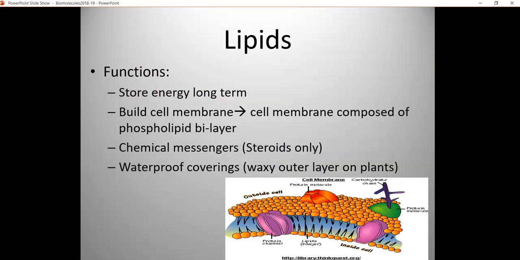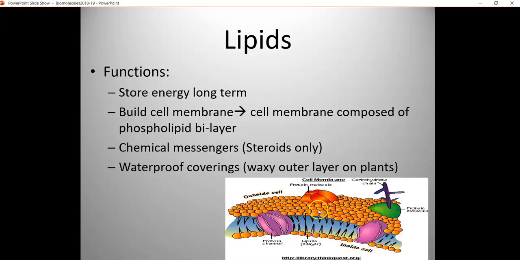All right, the function is to store energy for the long term. It builds cell membranes. So the cell membrane is composed of a phospholipid bilayer, meaning two layers. The outside layer, right down here, and then the inside layer.